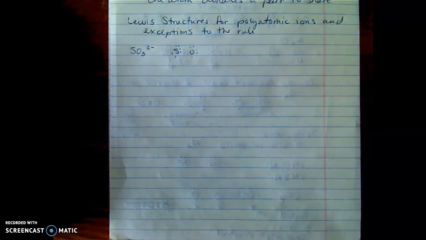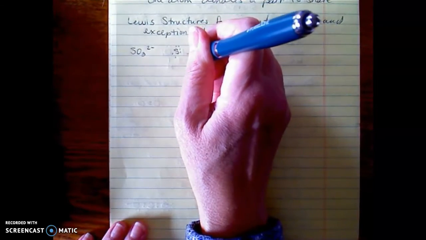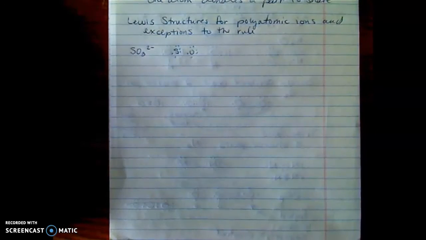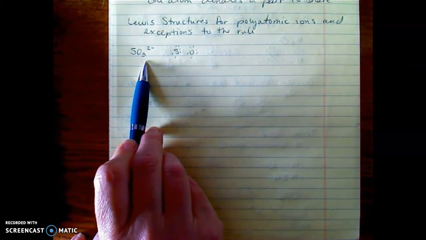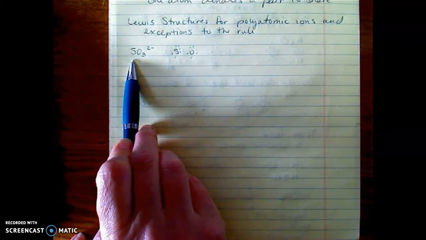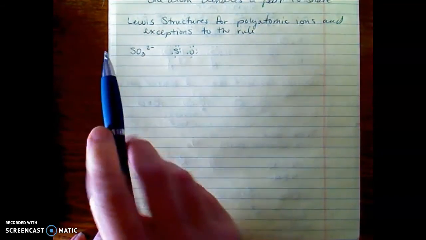Well, in this case, both oxygen and sulfur have 2 bonding sites. So which one do we use? In this case, you can tell because you've got 3 oxygens and only 1 sulfur. When you have something like that, your sulfur is going to be your central atom.